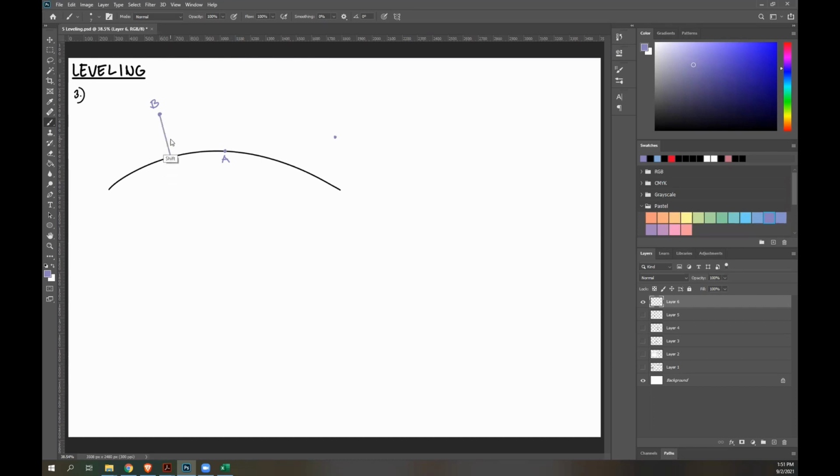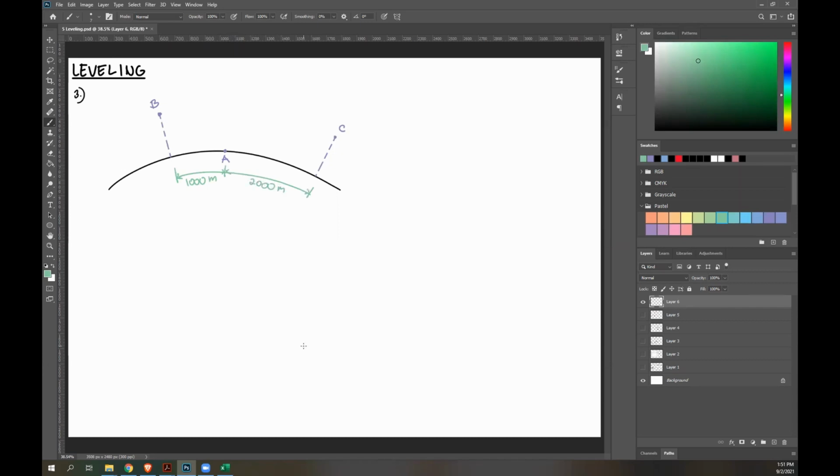And then let's just draw a vertical line to that point. It's also given that our distances are this: 1,000 and 2,000.